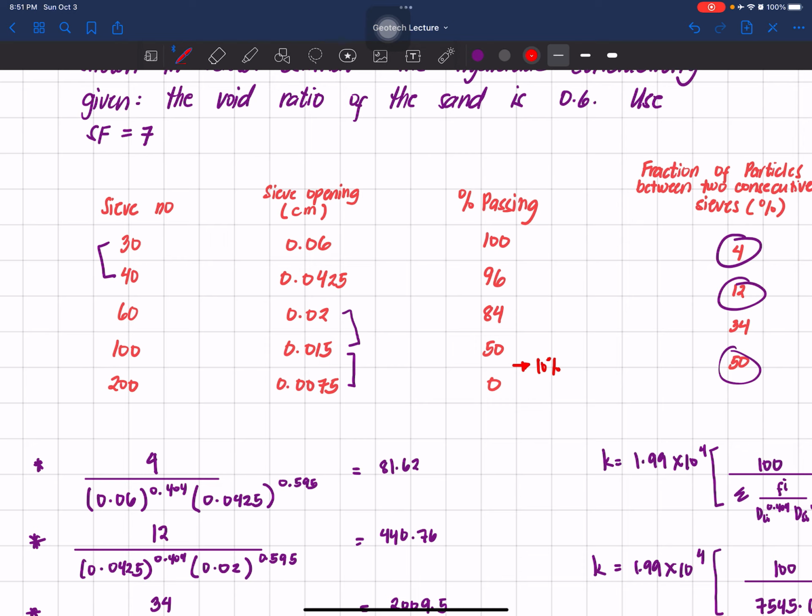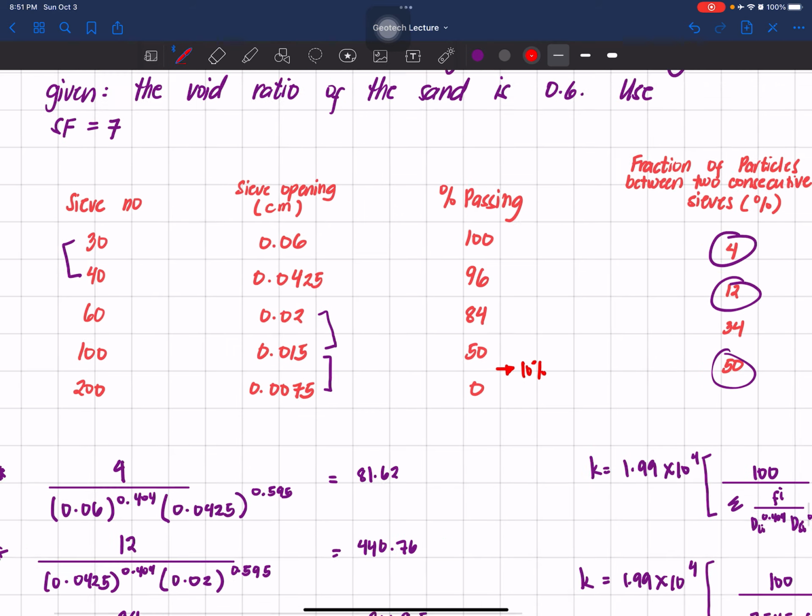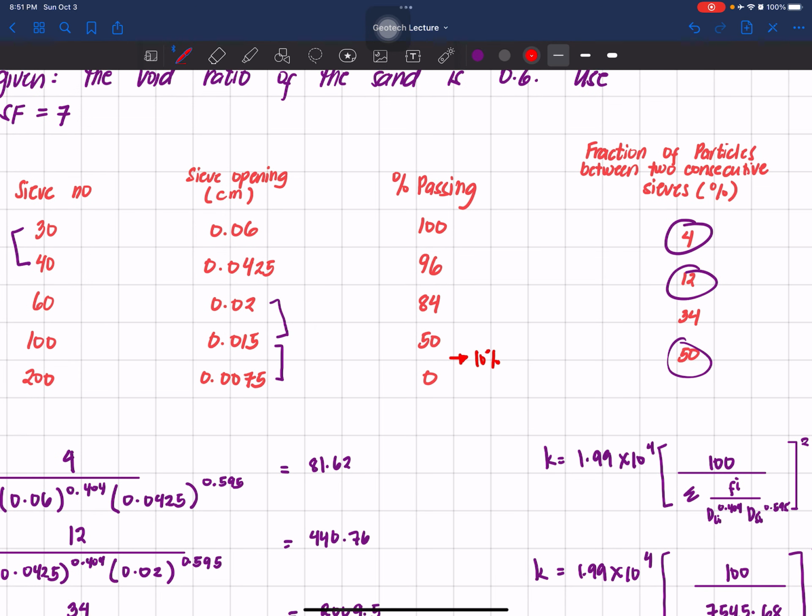Okay. So, let's do an interpolation in order to get the D10. Okay. So, gawin natin is, ako na yung mag-interpolate, guys, for you. Gawin ko na lang, that's 50 minus 10 all over 10 minus 0 must be equal to 0.5 minus D10 all over D10 minus yung sa percent passing 0.0075.